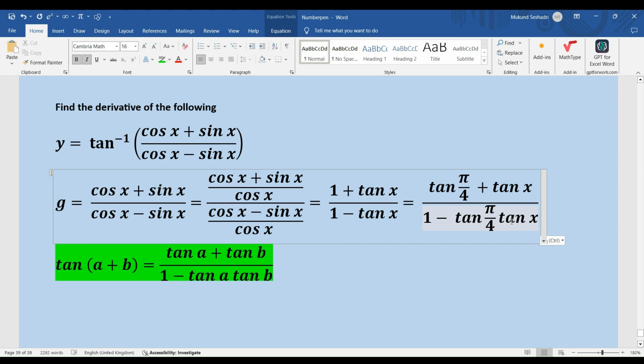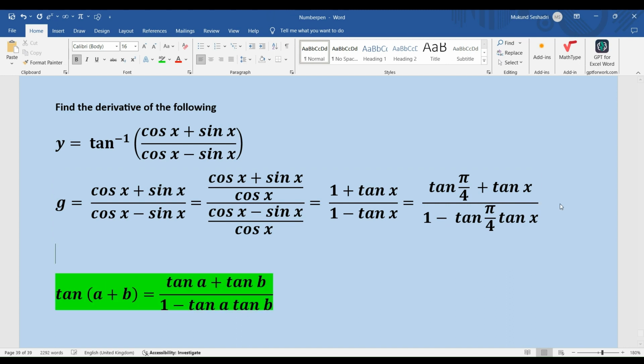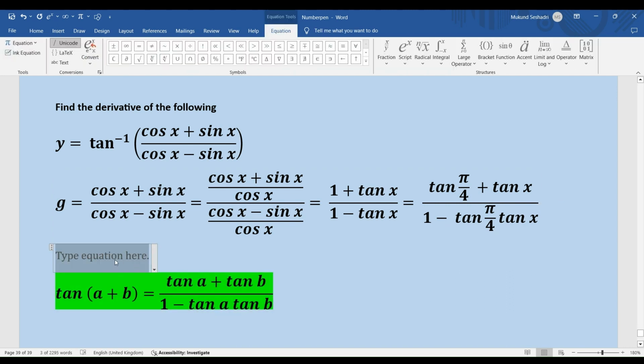So I write my tan x as tan pi by 4 into tan x, because it doesn't change my expression. Now I have an expression of the format tan a plus tan b, the whole divided by 1 minus tan a tan b. And what is my a and b? My a and b are nothing but x and pi by 4, right? So I'm left with g equals tan of x plus pi by 4.